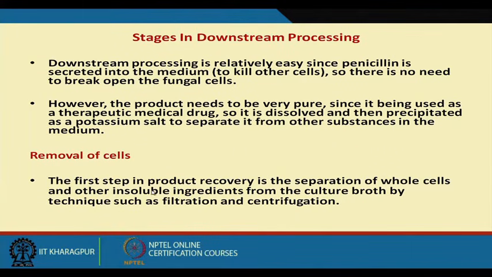The first step is the removal of cells, that is, the separation of the whole cells and other insoluble ingredients of the culture broth. For that we use filtration, the rotary vacuum filter. I already mentioned what a rotary vacuum filter is. We have a drum, and inside it is embedded a thin muslin cloth, and one knife just touches the surface of the muslin cloth.